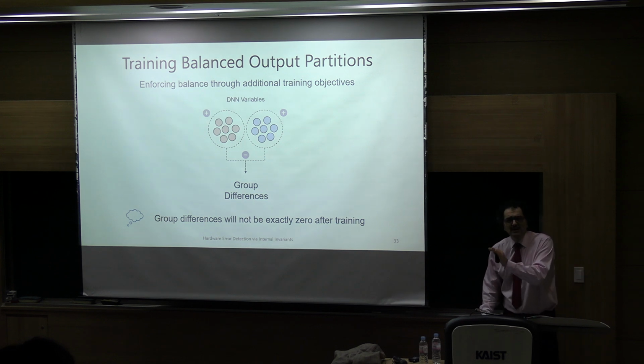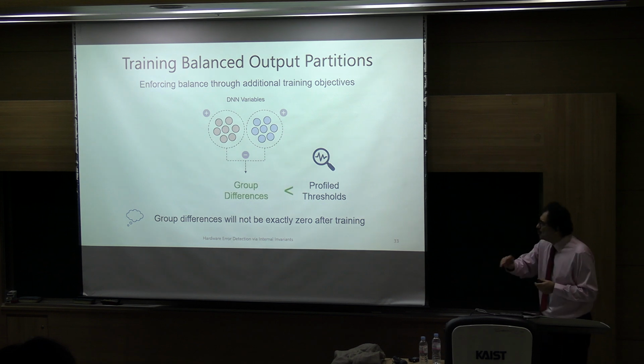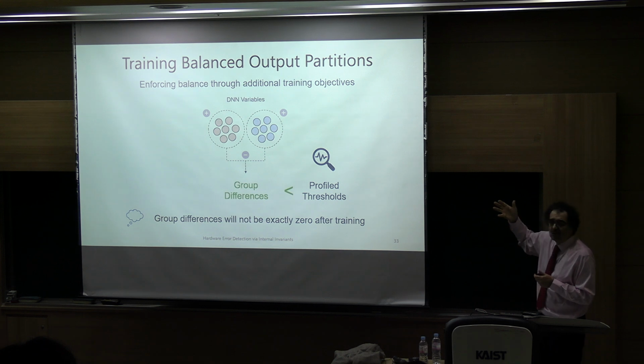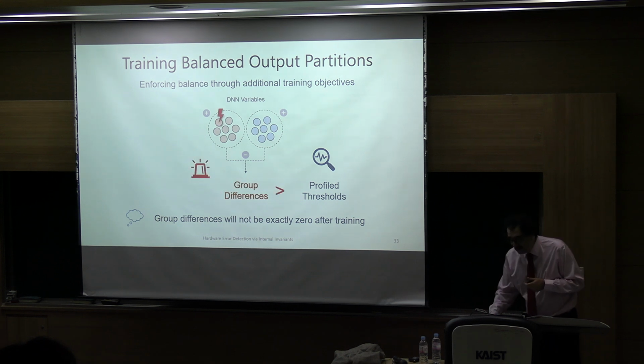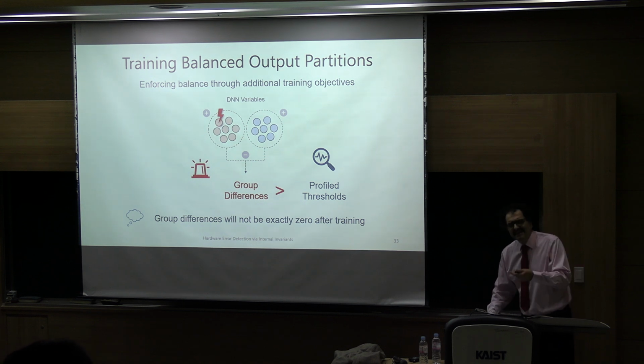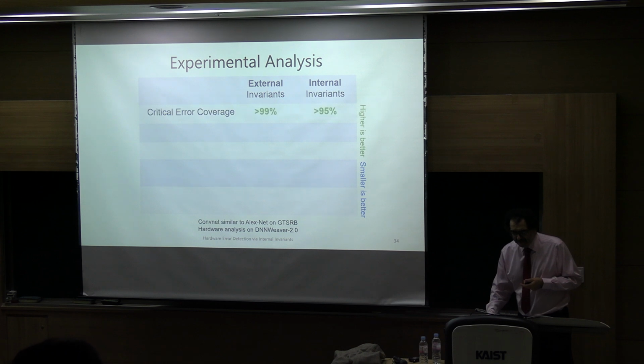So there are also questions raised in terms of false alarms and things like that. I'm going to show you that this worked quite well. But for right now, to appreciate the challenges, you wanted to profile thresholds and make sure that anything that exceeded that was seen as faulty behavior.